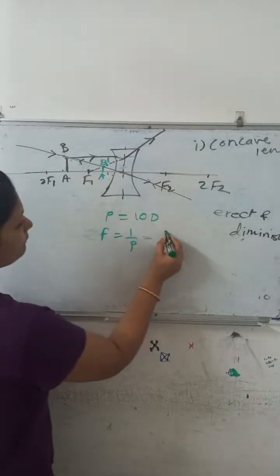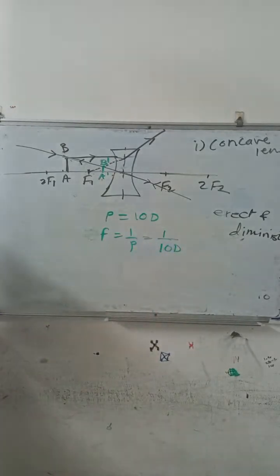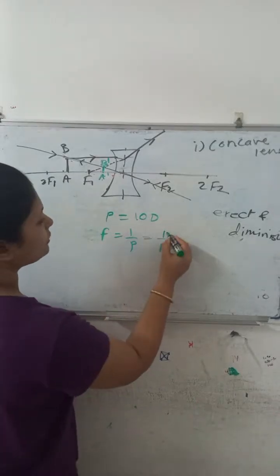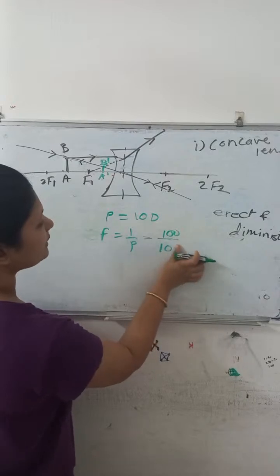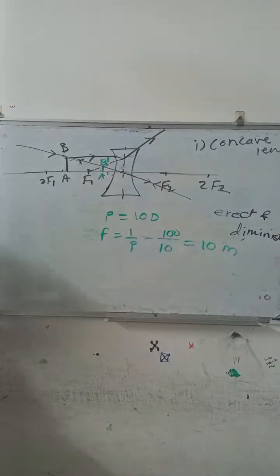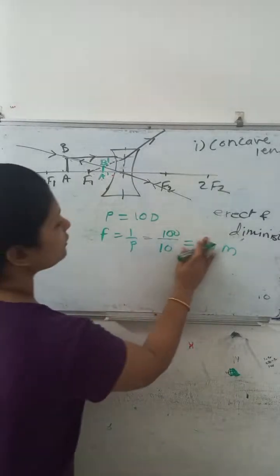Focal length we take in terms of meter, so multiply by 100, divide by 100. Getting this? Oh, sorry, not 10 meter, it is 0.1.